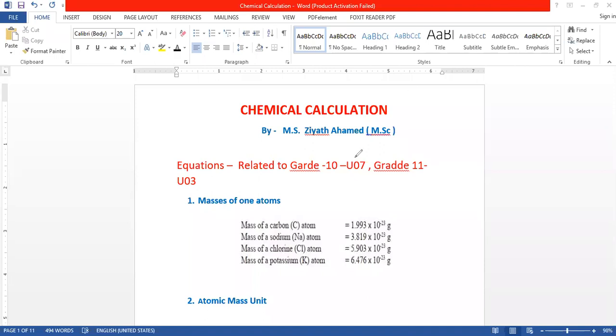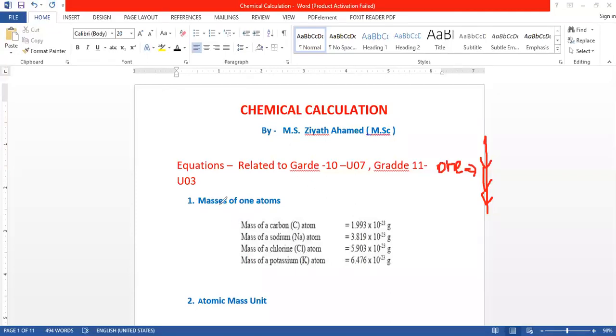The mass of one atom is very, very much less, which means you can't even measure the mass of those atoms.